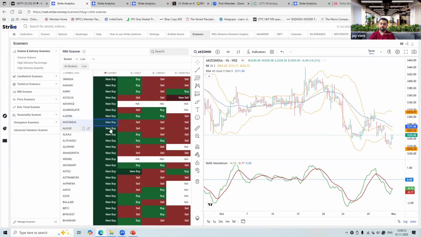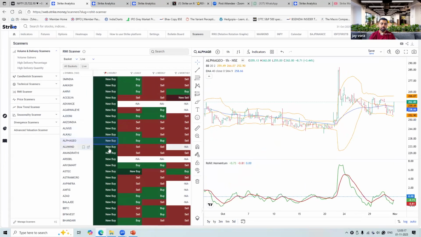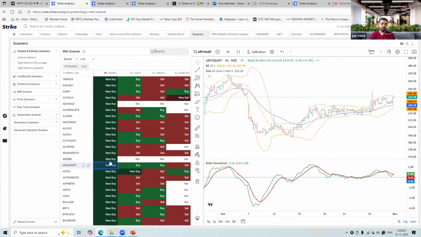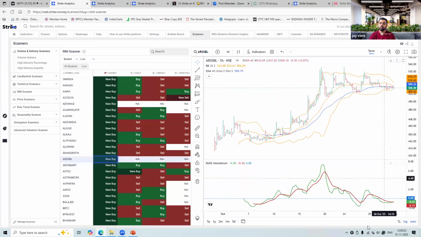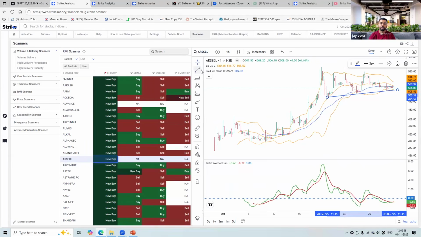See, in all these cases, the issue is that they are all going below the averages and then turning around. Something like this is good. Why? Because an up move has happened and a consolidation is happening, which is more or less around the averages. If it breaks both 20 and 40, we can go. You're seeing this pattern as well.